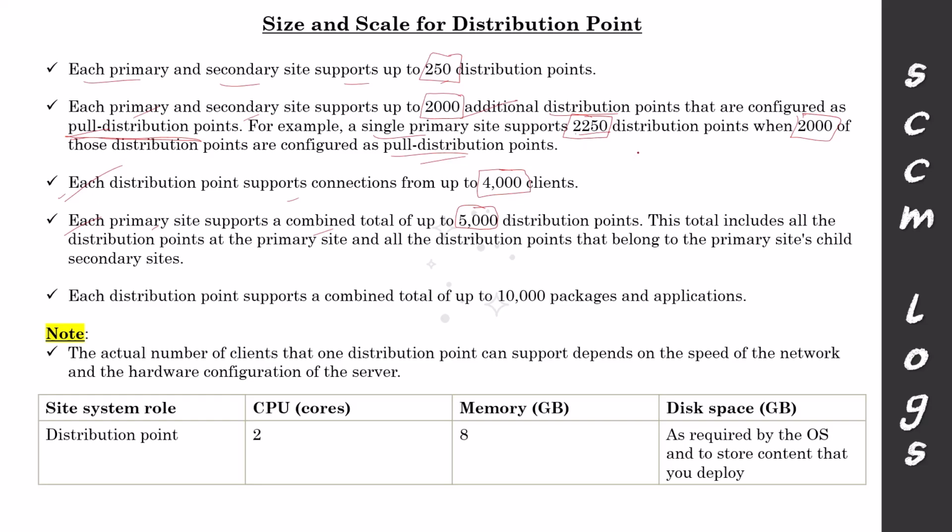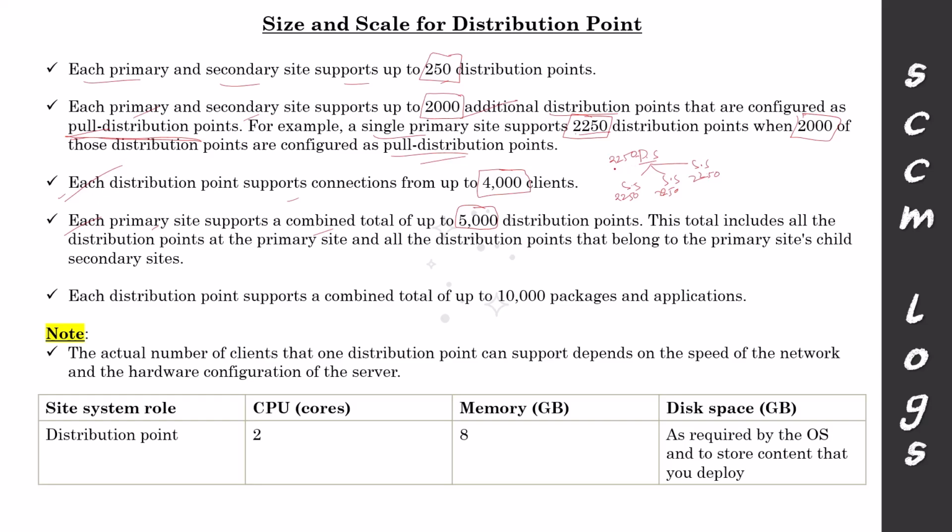Let's take a simple scenario. We have the primary site and we have two, let's say three, secondary sites. Each primary site can support 2250 and a secondary site can also support 2250.